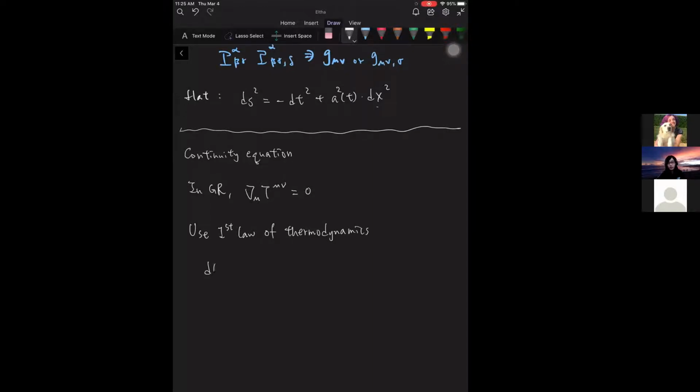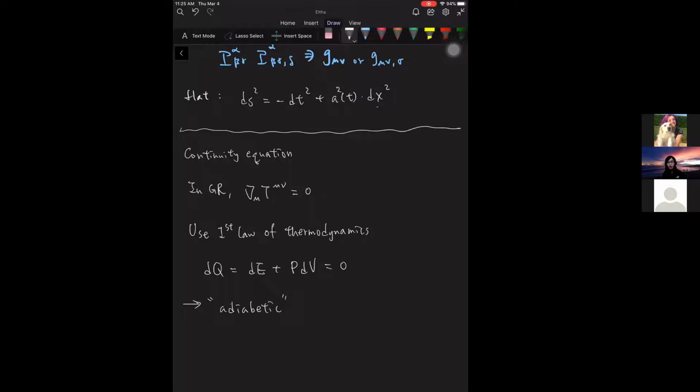This is written as dQ equals dE plus P dV, and that will be equal to 0, right? This is just the energy conservation. To use this equation, the system should be under adiabatic condition, right?